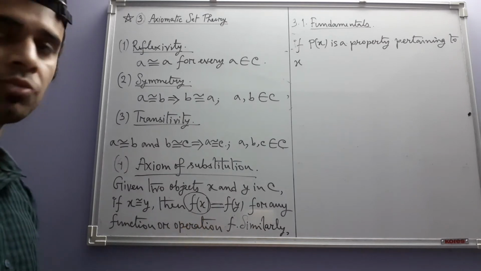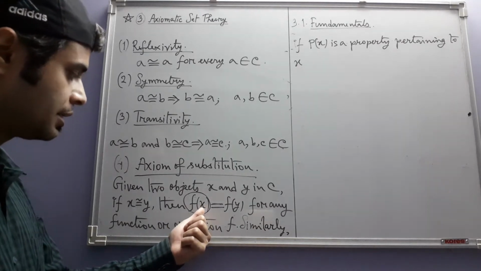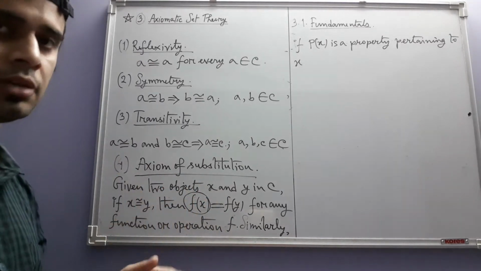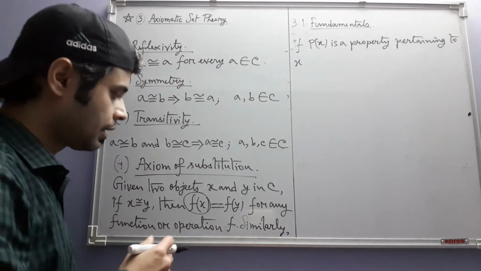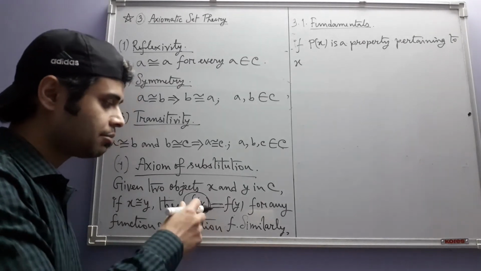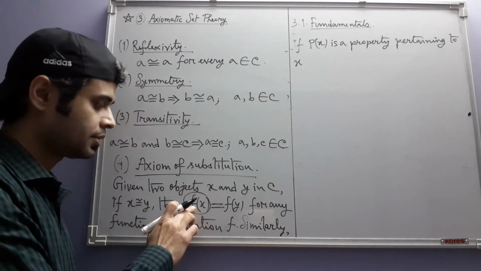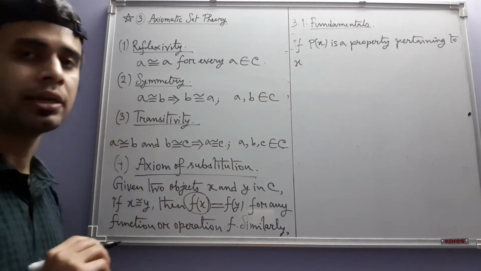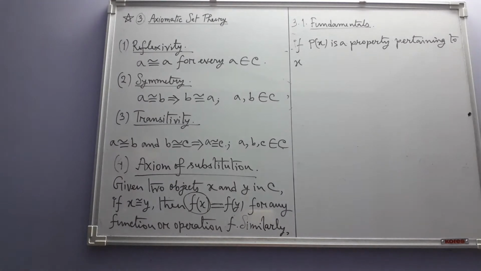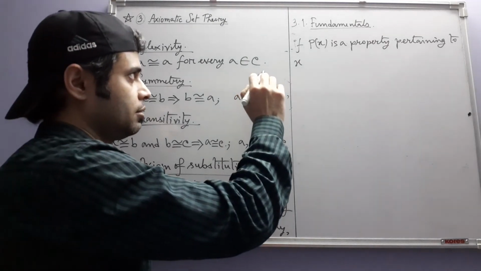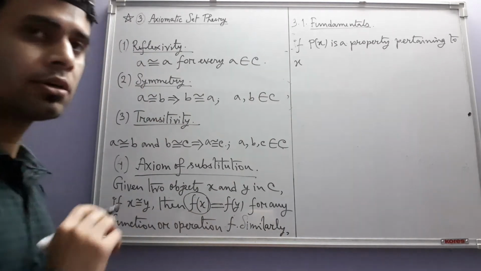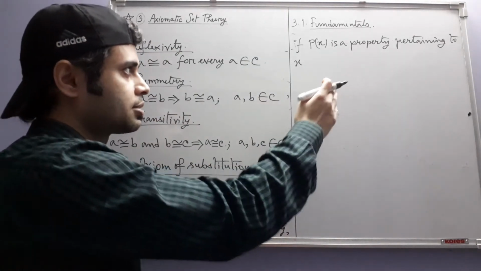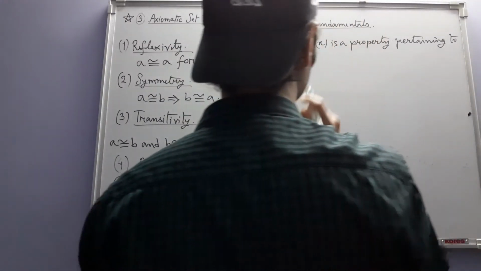Okay, if X is a finite set, then Fx may represent the cardinality of sets. In that case, this is definitely a number. Otherwise, it can be something else also. Say Px can be the property that X is finite. Then Px does not have a value in the conventional sense, but it is a statement about X. So this is a property pertaining to X.